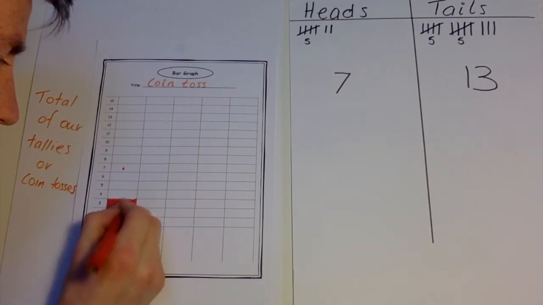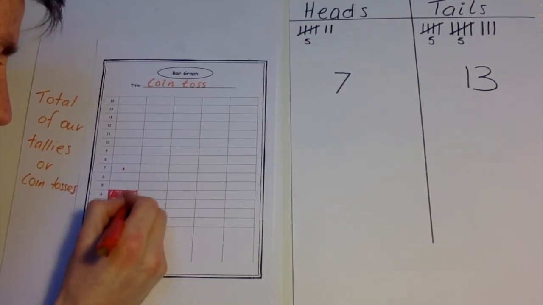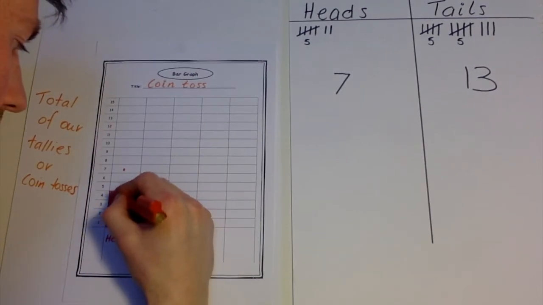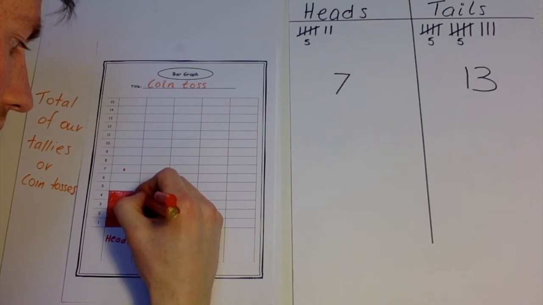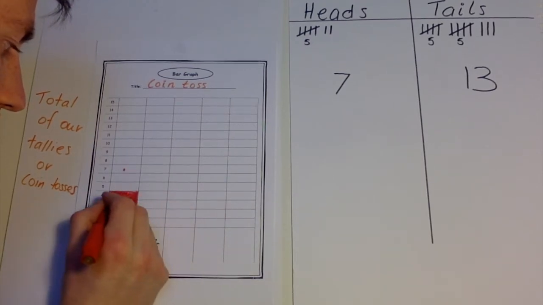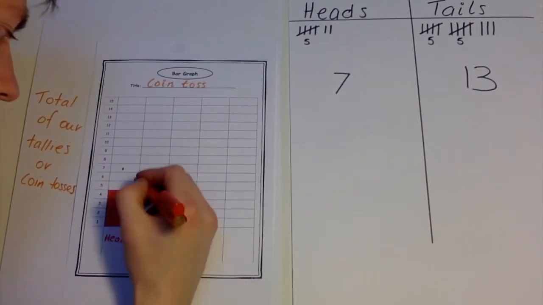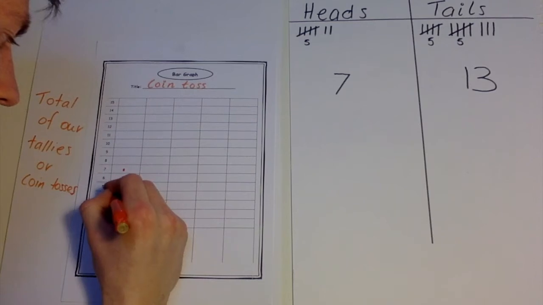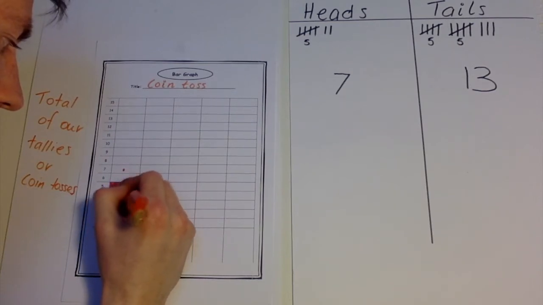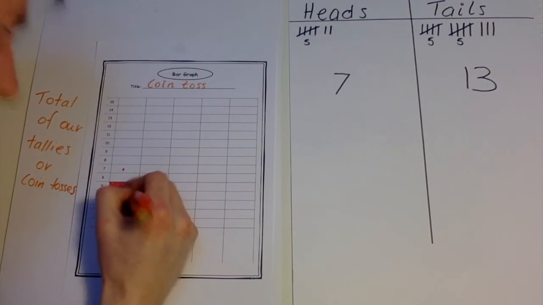Like that, making sure I'm not going to the next one. Now I'm up to 4. Now you might be able to find a faster way to do this, but as long as it's nice and neat. Because if it's not nice and neat, then we won't be able to see all the data that you found quickly.